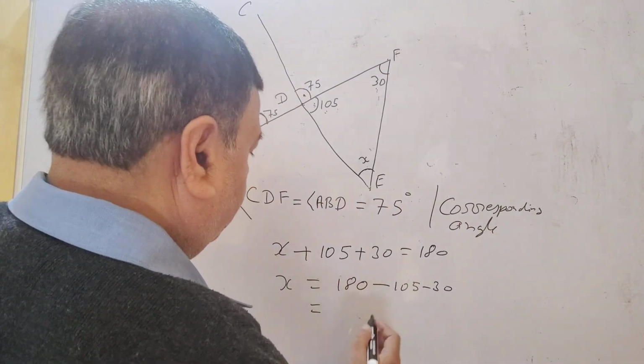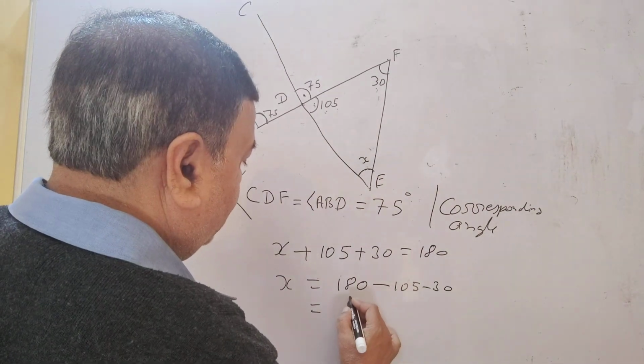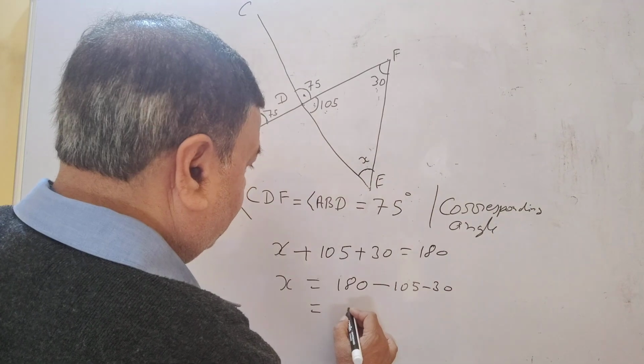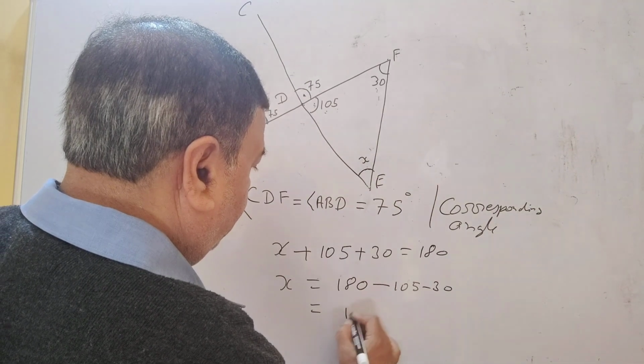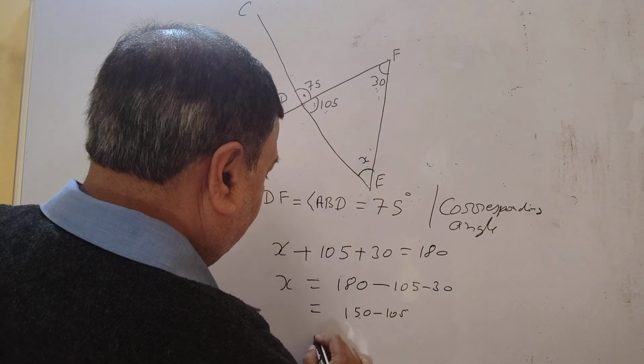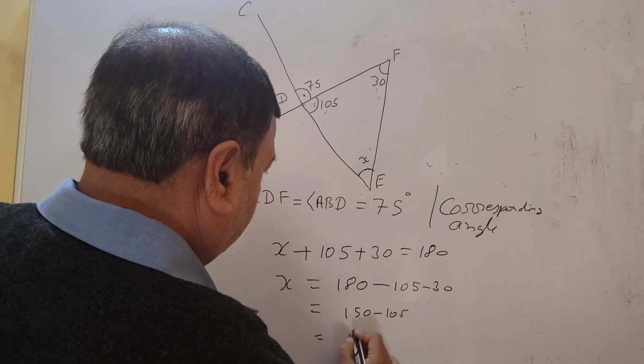If you subtract 105 from 180, that is 75, and 75 minus 30 is 45.